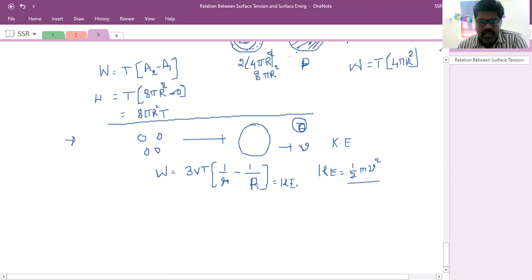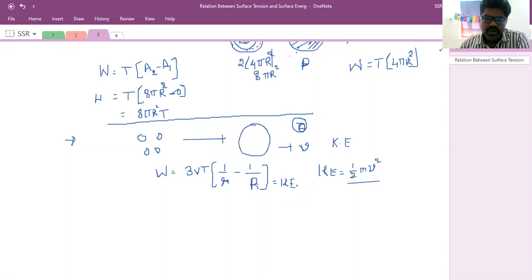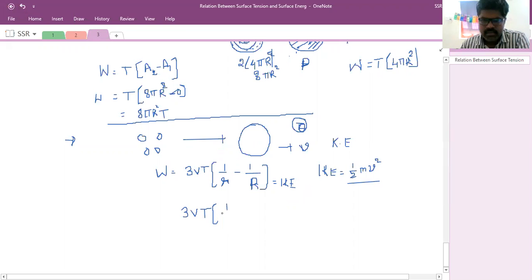At constant temperature, the temperature will not rise, and the droplet will move with a certain speed. So now you can equate 3VT, where V is the volume and T is the surface tension, into (1/r minus 1/R) is equal to half mv square.